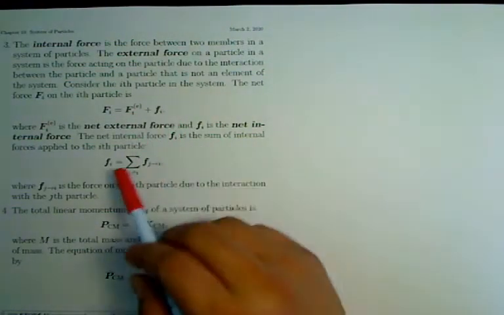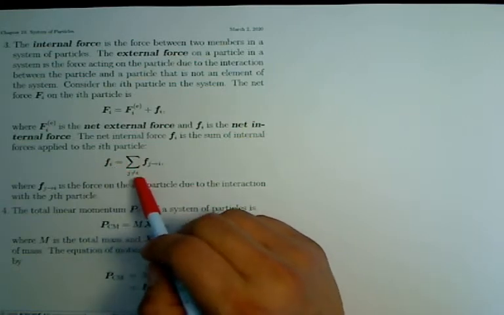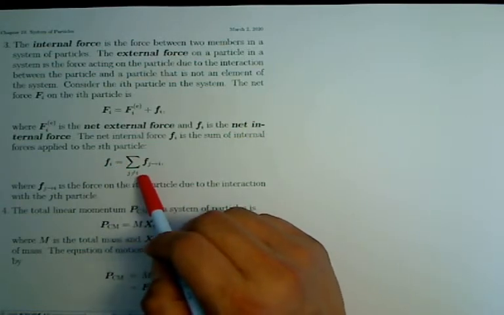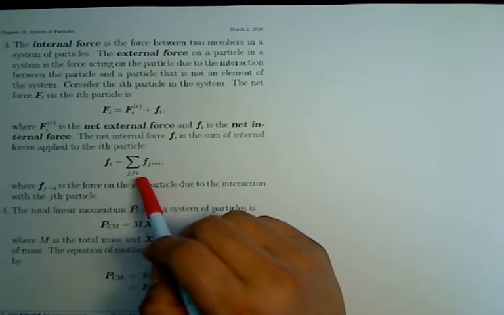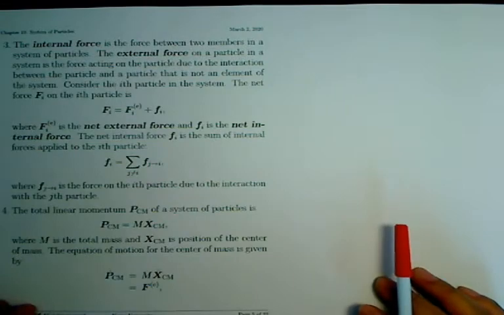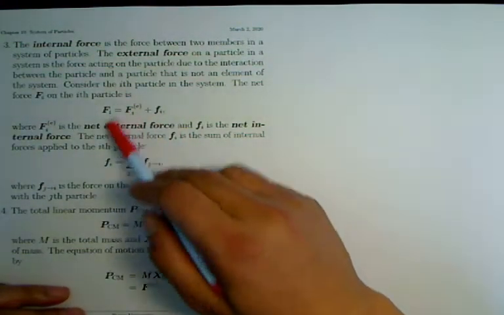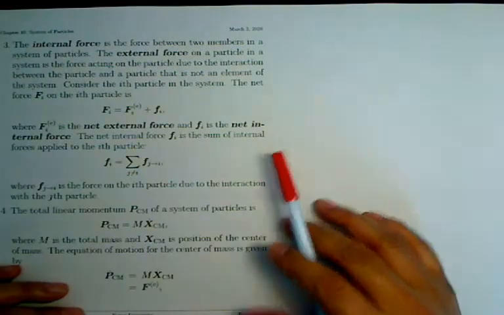Internal force means all the forces applied to that particle from the others, for j running from 1 to n except for i. Okay? So the summation of the internal force and external force is the force applied to the system of particles.